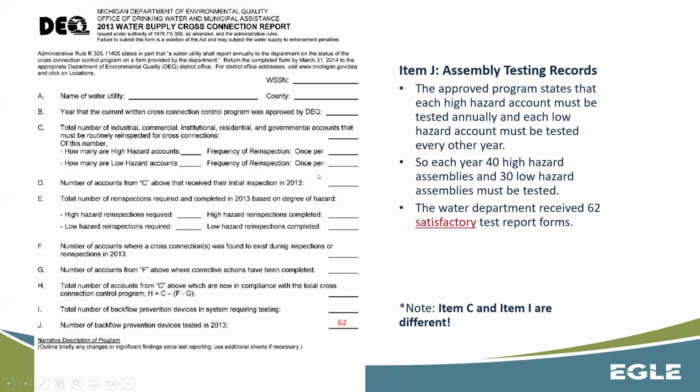So when we're looking from the top, from C and I, your reinspection frequencies and your testing frequencies might be different. It'd be very convenient if they lined up, but they do not have to be the same. In this case, all we're seeing reported is that we had 62 satisfactory. That means the test was completed, it got good results, and the assembly's working.